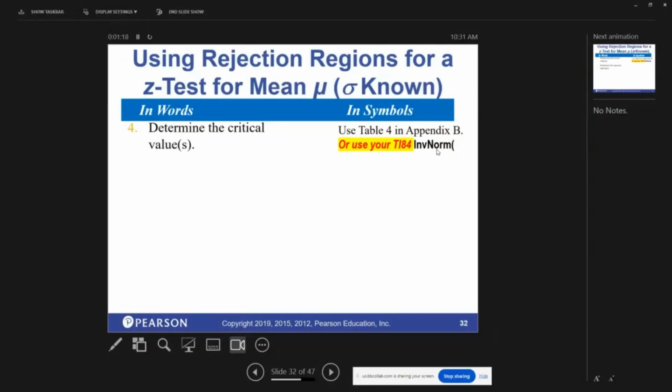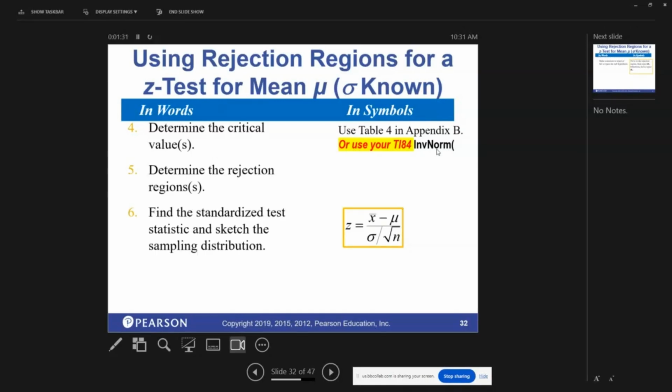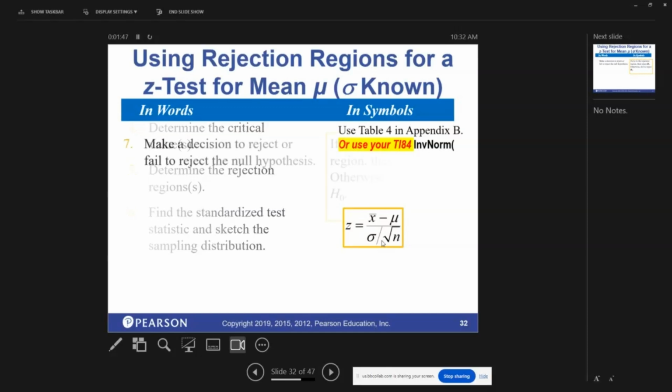So this is where we use inverse norm on our graphing calculator to find our z-scores. Then we want to determine the rejection region based on what we found for step 4. Then you want to find your standardized test statistic, which is our formula for z, and we'll use that to sketch the sampling distribution, and we want to see if this is in the rejection region.